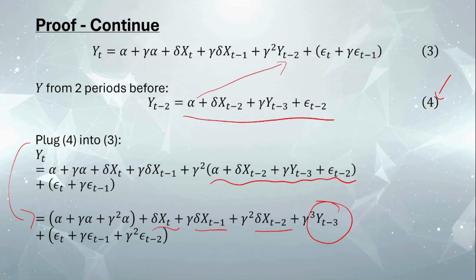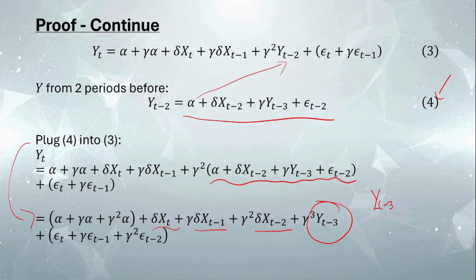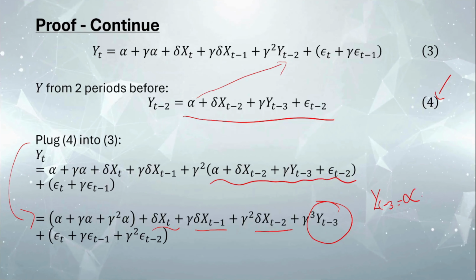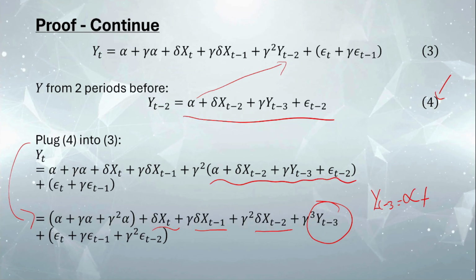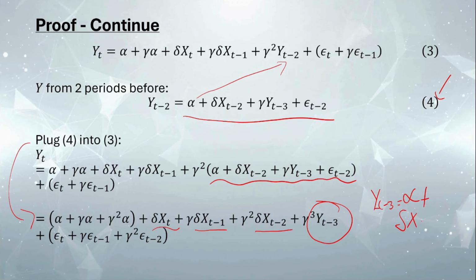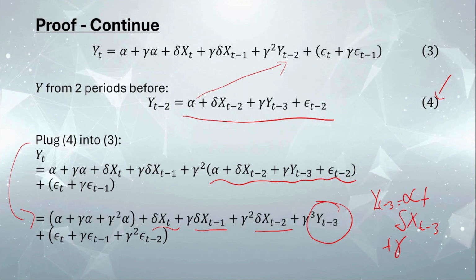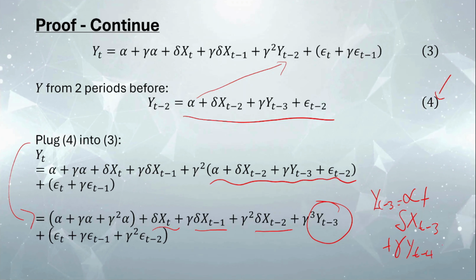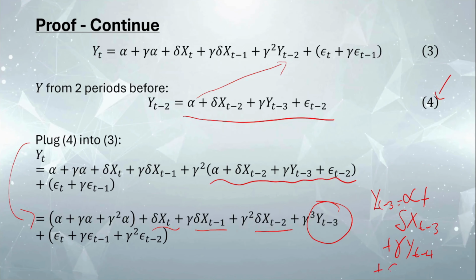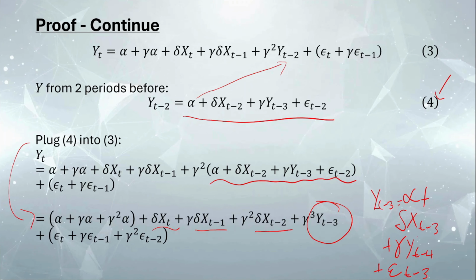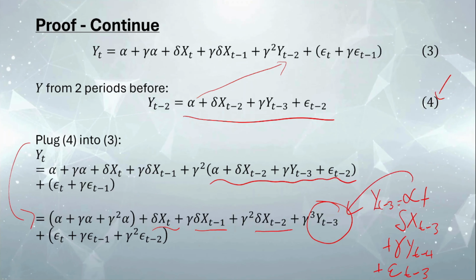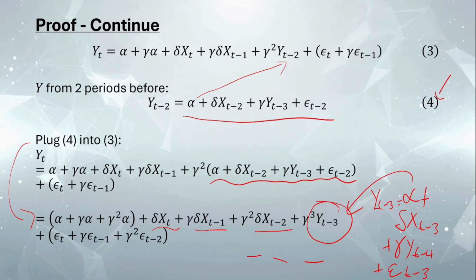So all we have to do now is just find what is yt minus 3. So probably alpha plus delta xt minus 3 plus gamma yt minus 4 plus epsilon t minus 3. Substitute it, and we can go on and on and on.